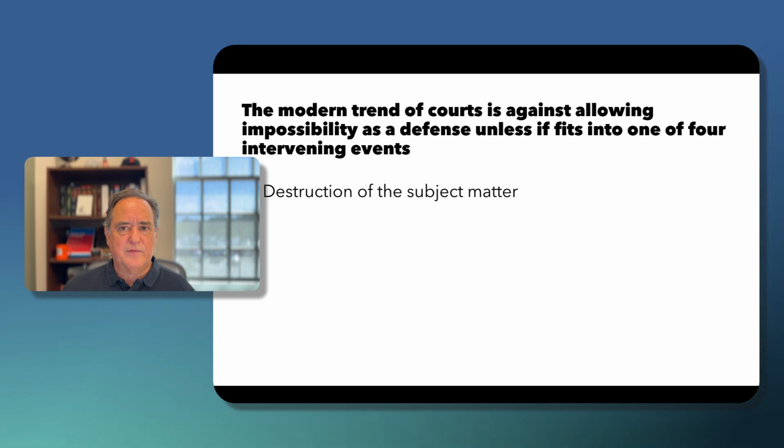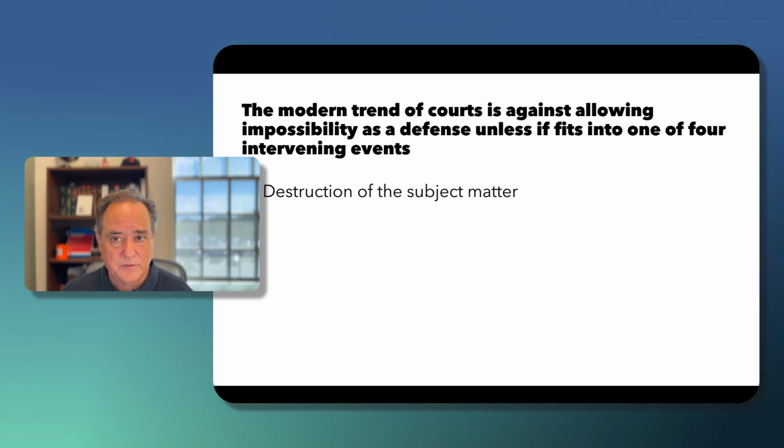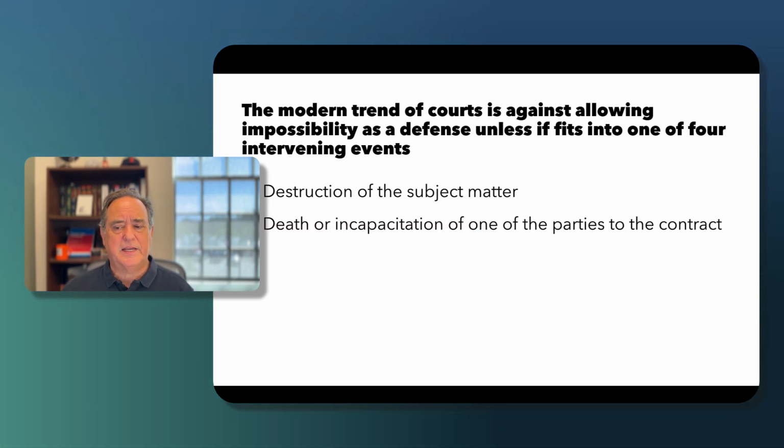If you and I have agreed that I will sell you my house for $300,000, and you agree to purchase the house for $300,000, well, if the house burns down prior to performance under the contract, it is impossible for me to perform. So destruction of the subject matter will discharge a party's obligation.